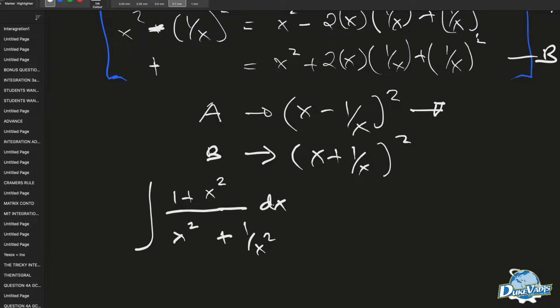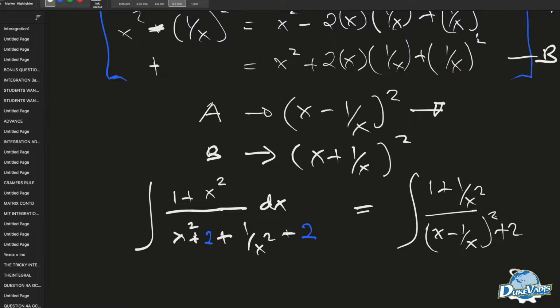But if we put 2 here, and subtract 2 here, this expression's integral can now be written as 1 plus 1 over x squared all over x minus 1 over x, all squared, plus 2 dx.